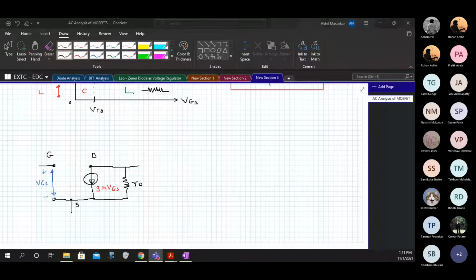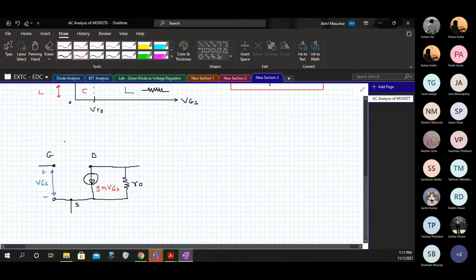Okay, Tanvi. So here we can write the AC model of the MOSFET when lambda is not equal to 0.